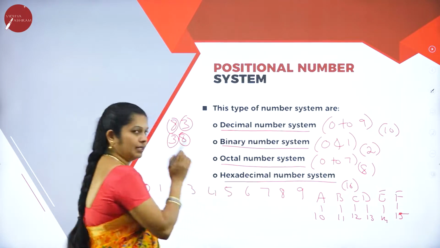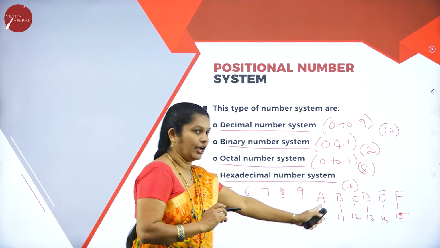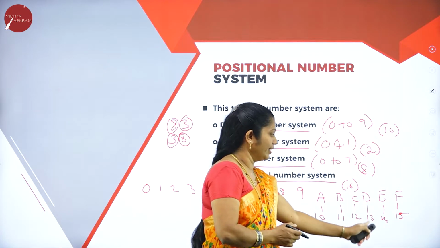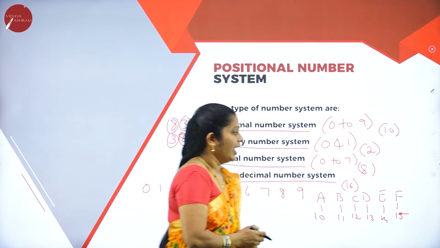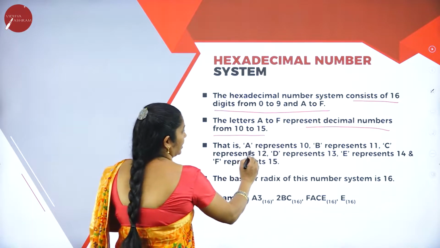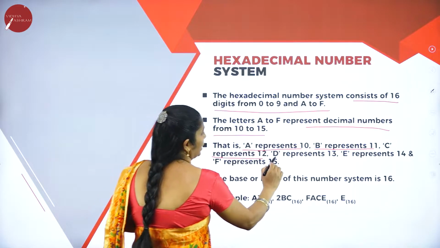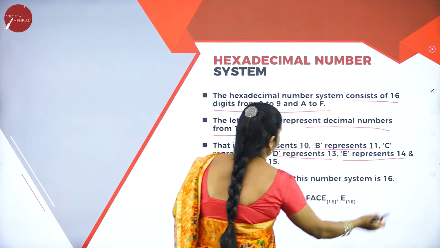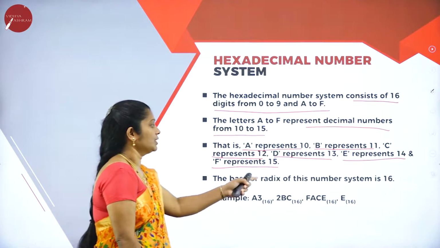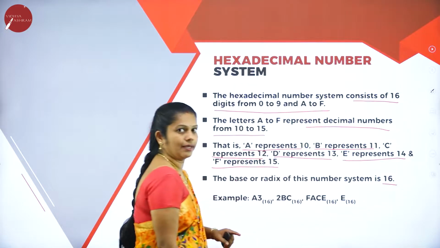A represents 10, B represents 11, C represents 12, D represents 13, E represents 14, and F represents 15. The base or radix of this number system is always 16 only.